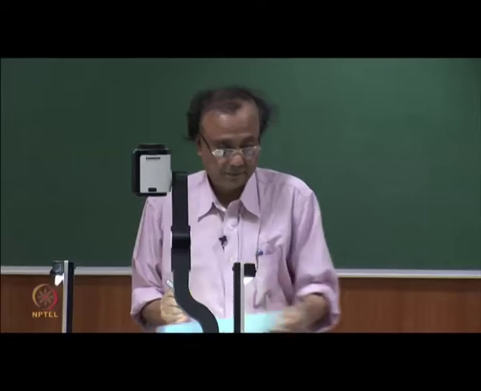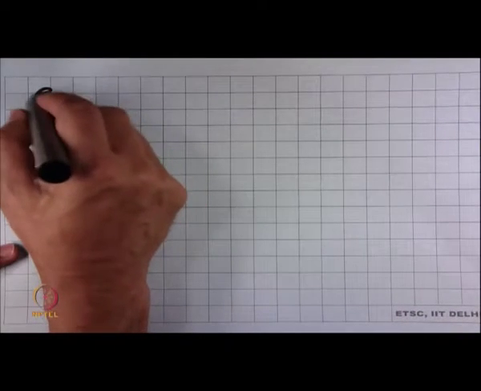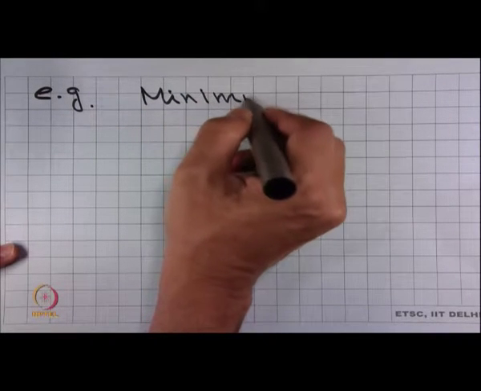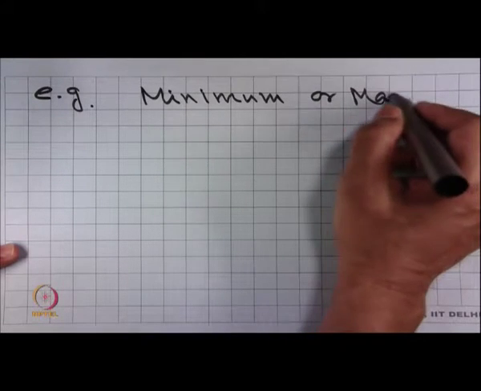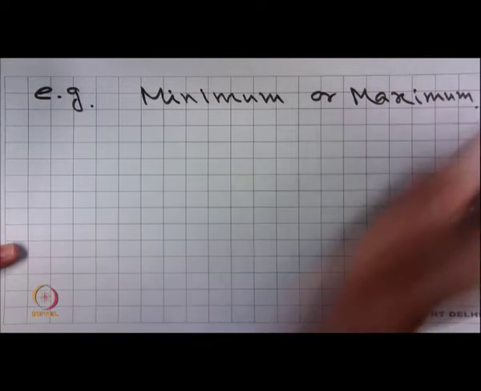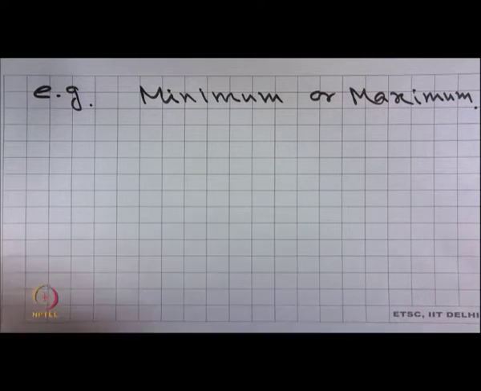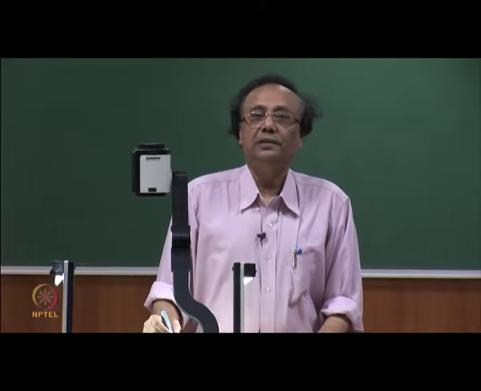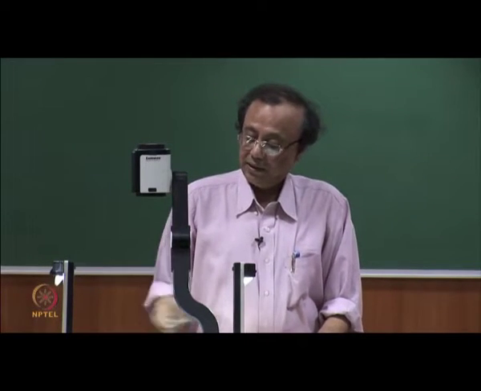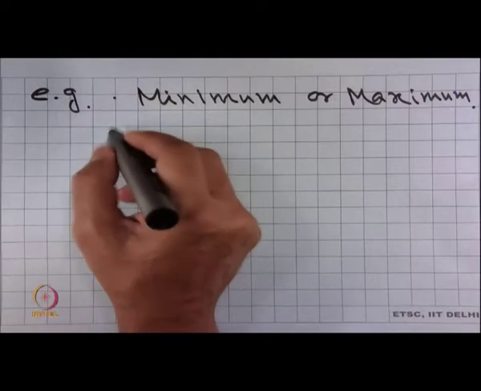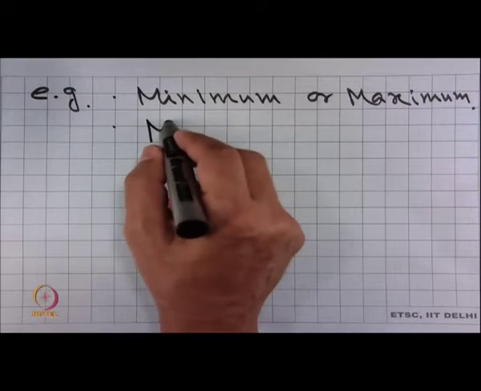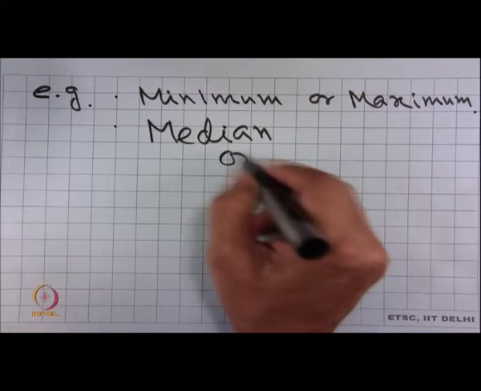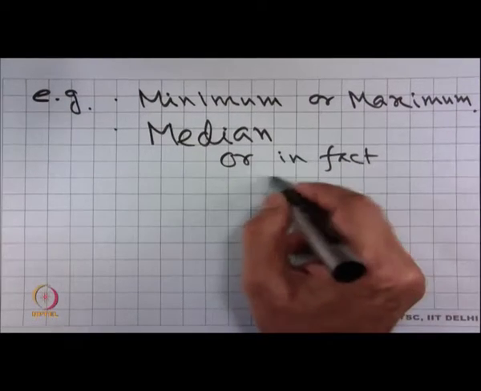For example, say minimum or maximum. So, if we take a sample, based on that, can we estimate the minimum value of the attribute that we are interested in the population, or say the maximum value of the attribute in the population, or say median, or in fact any other quantiles.